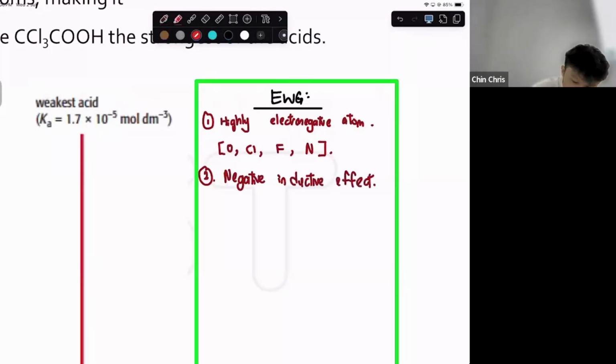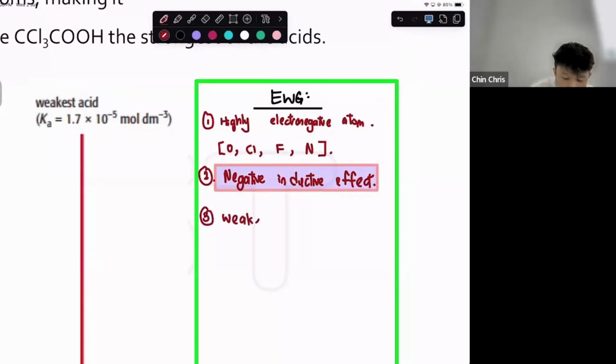Remember? Which means, guys, when you have EWG, do they strengthen OH or weaken OH? It weakens OH.